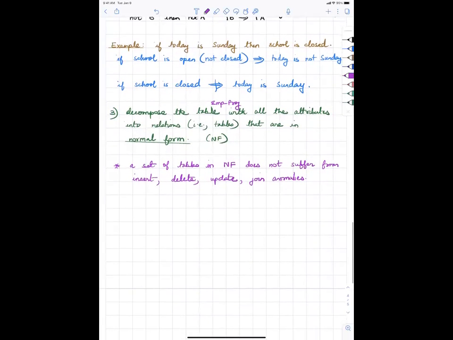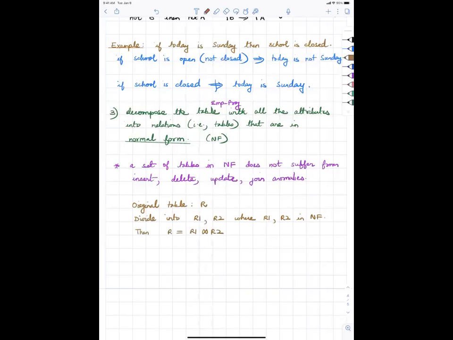So if you have the original table R, and you divide it into R1 and R2, where R1 and R2 are in normal form, then you'll always get the original table R from the join of R1 and R2.